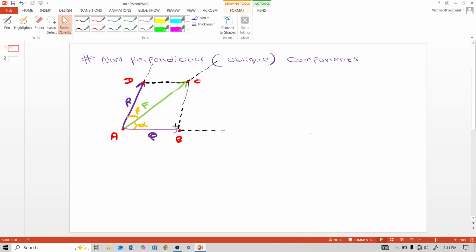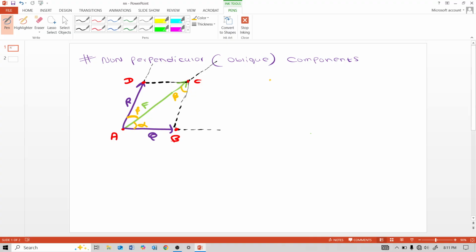See, it is not looking like a parallelogram, so just make it a parallelogram. So this ABCD is a parallelogram now. Observe here, this angle is beta, so this angle will also be beta geometrically.